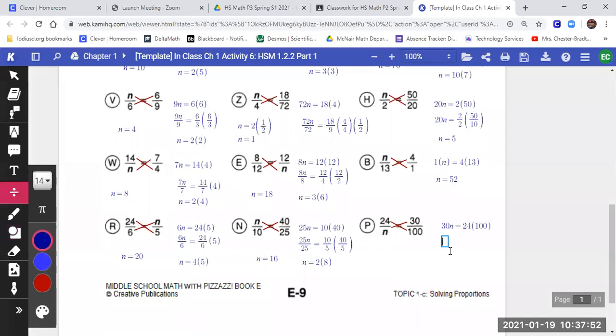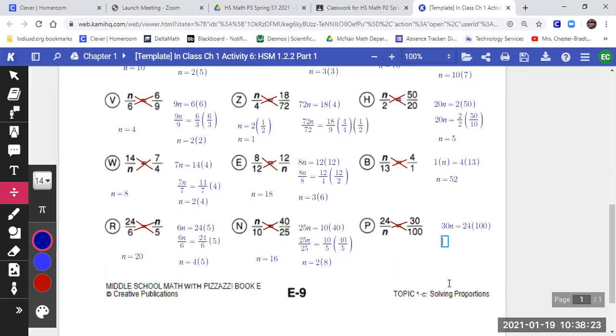So what's our next row going to say? Now, does our 30 go into 24? Or does our 30 go into 100? Or are we going to have to break the 30? We're going to have to split the 30. And there's more than one way you can split 30.